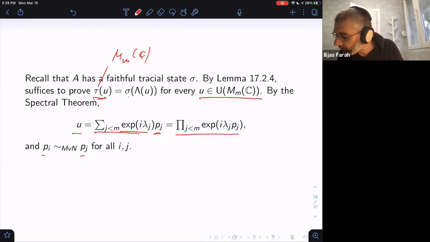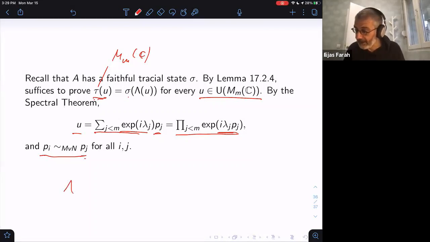Note that P_j is under the exponential sign here. And because these are all rank 1 projections, they're all Murray-von Neumann equivalent. What that means is that if I apply lambda to all of those, the sum of lambda tilde of the P_j's will be equal to 1.